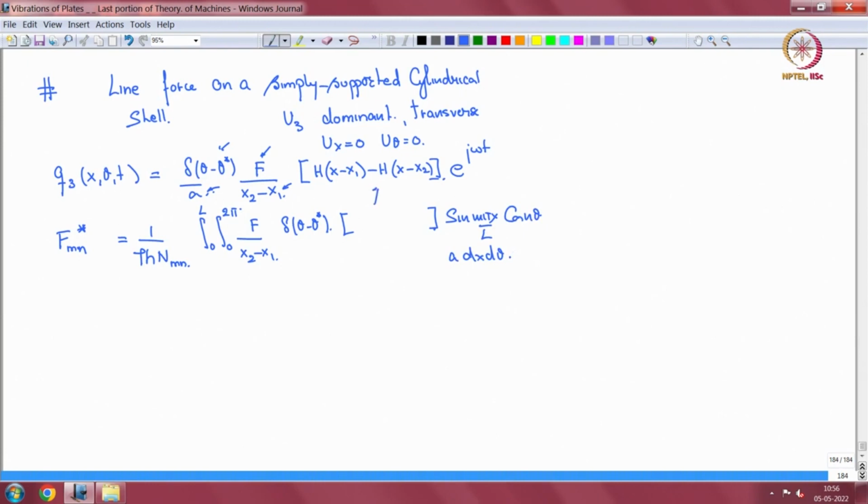So this Heaviside will pick the axial limits as x1 to x2. So what we will get is 1 over rho h n m n cos n theta star integral from x1 to x2 sine m pi x by L dx.